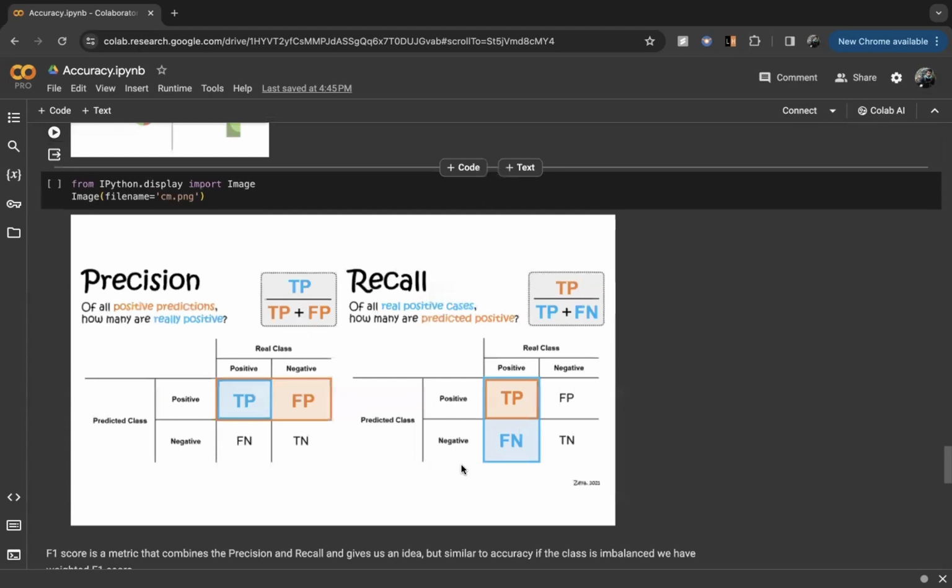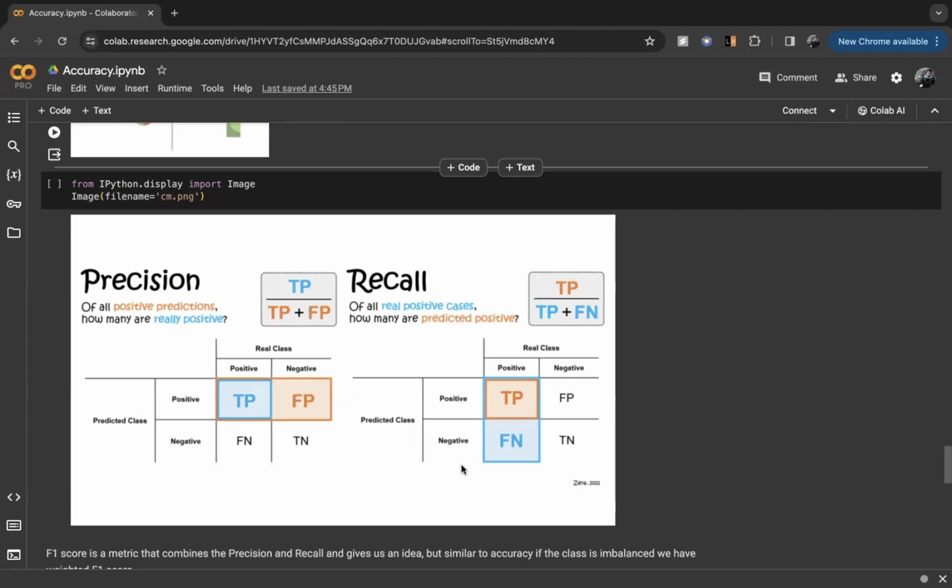So this is just the calculation of how we can do precision and recall. Repeating: of all the positive predictions, how many were really positive? That is precision. And of all the real positive cases, like of all the real dog images, how many were predicted as a dog?